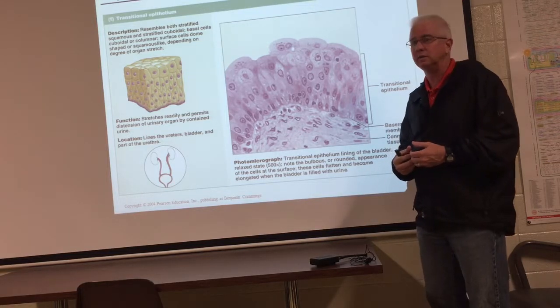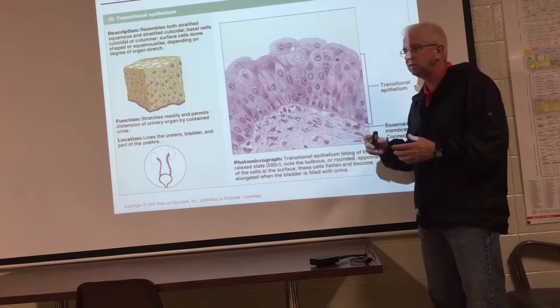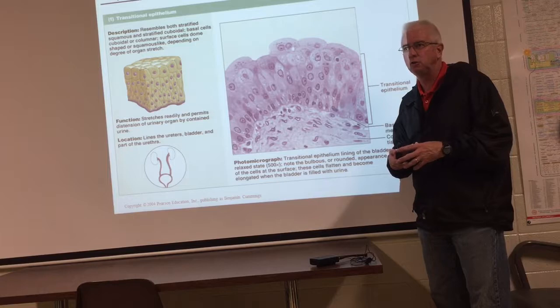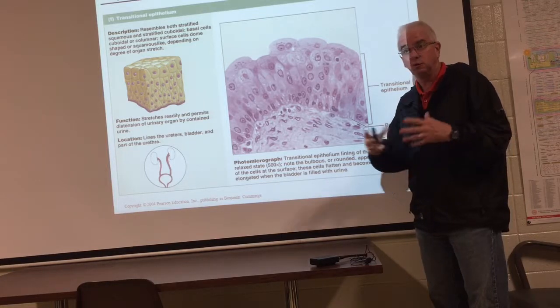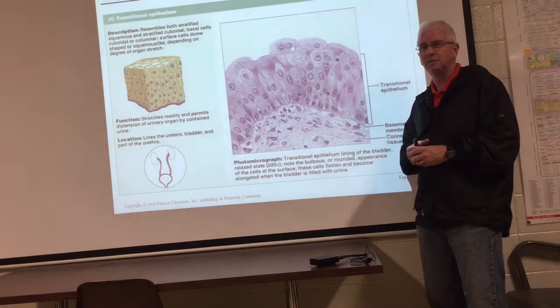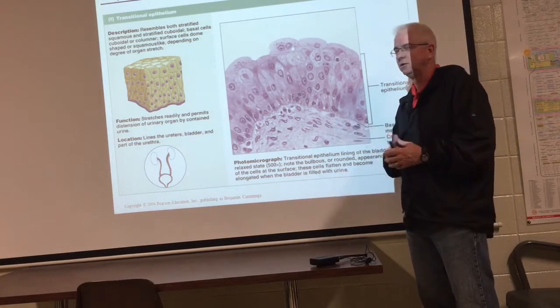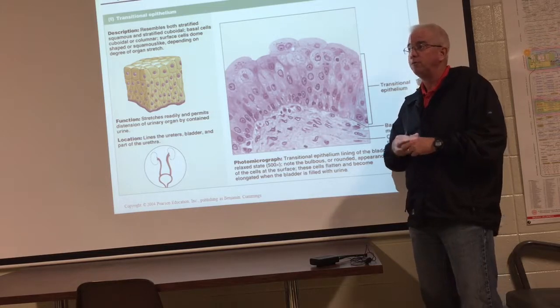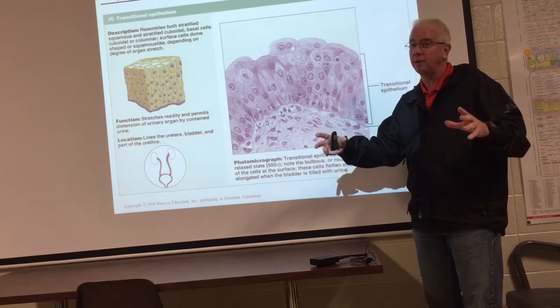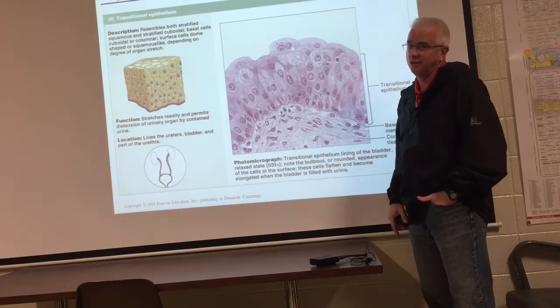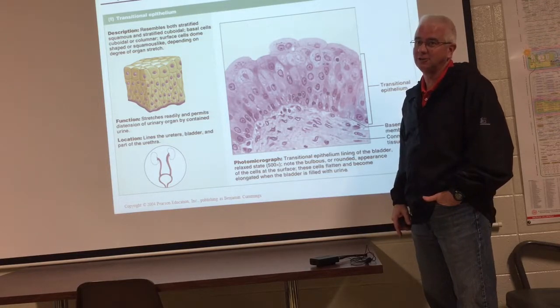What's worse is the tissue will transition. So if you look at it, when the bladder and the tubes, the bladder in particular, is full, it looks like stratified squamous. This is a picture when the bladder is empty. So, with no better way of describing it, it was decided that we would just call this a transitional tissue.